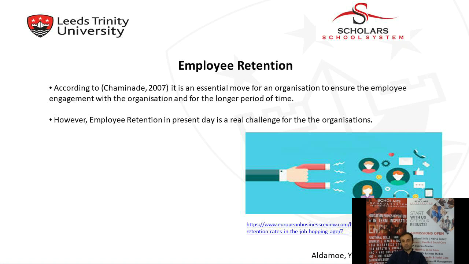Not only the technical skills are required to perform, it also requires some behavioral skills. So under the competency-based approach, we are also examining the behavioral approach of the candidates.